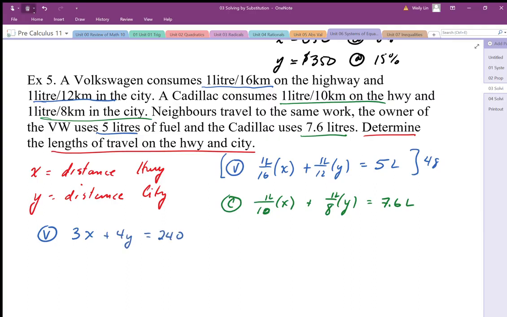That's equation 1. Equation 2: the lowest common denominator looks like 40, so I'm going to multiply by 40. I end up with 4x plus 5y equals, I need a calculator for this, 7.6 times 40, which gives me 304.